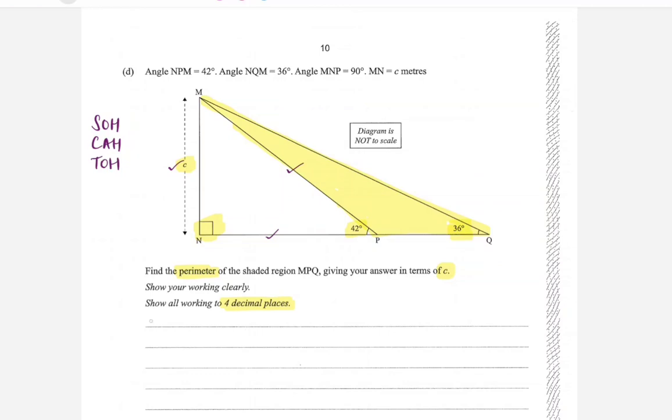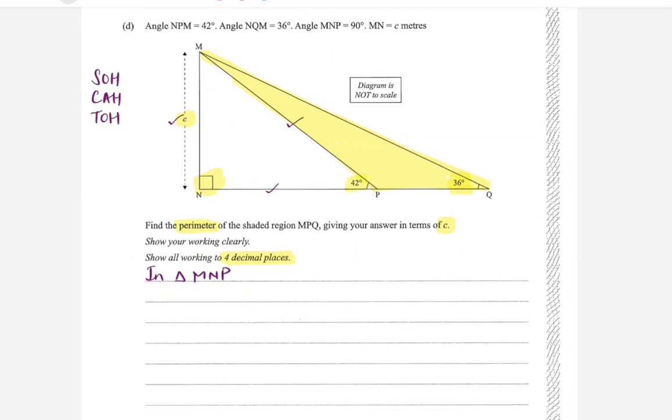First I am considering triangle MNP, the smaller triangle there. We have that is our 90 degrees, so this is our hypotenuse. That angle is there, so C is our opposite and this is adjacent, right?